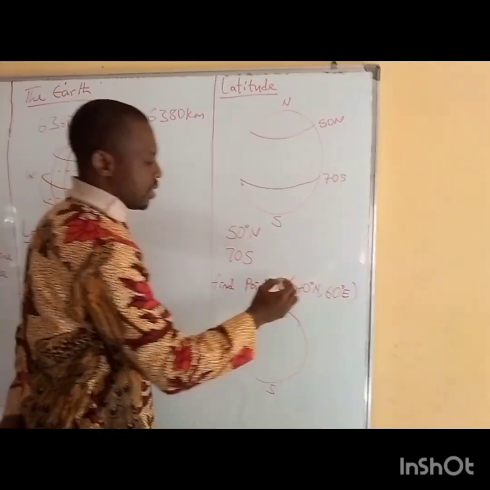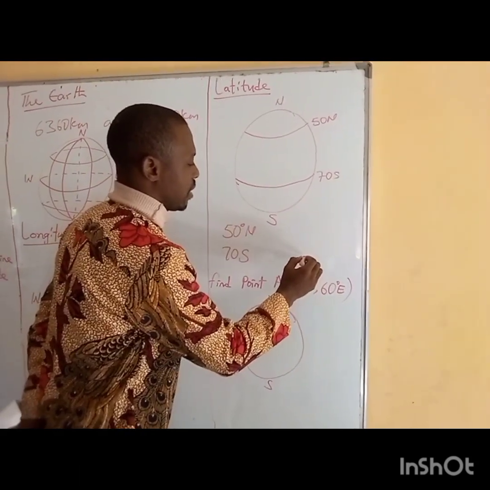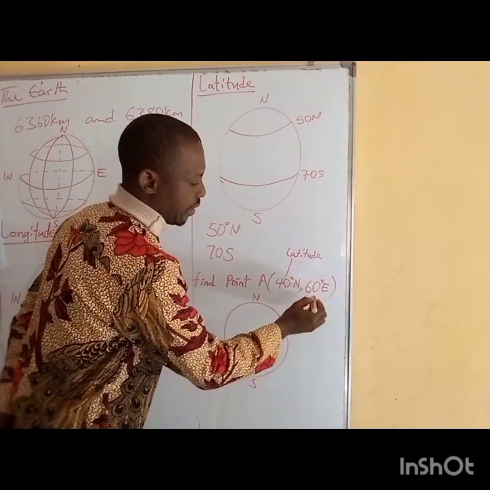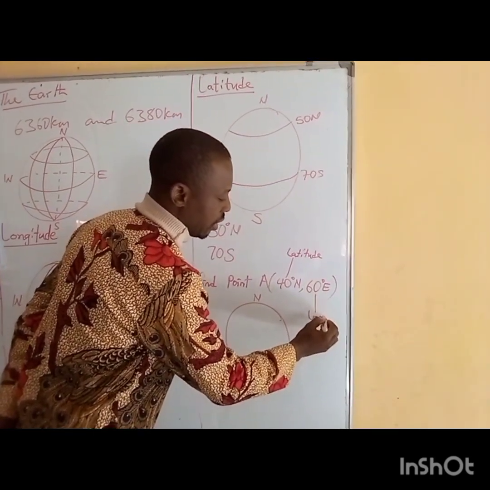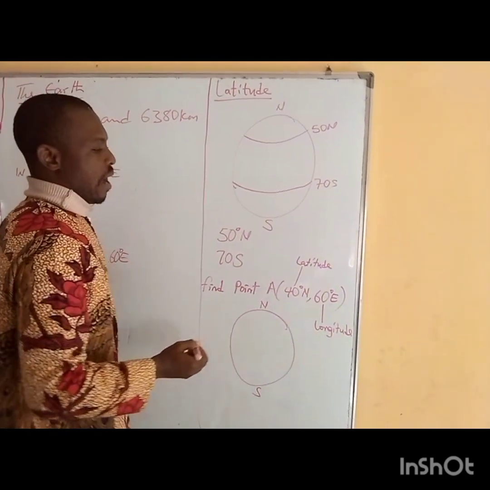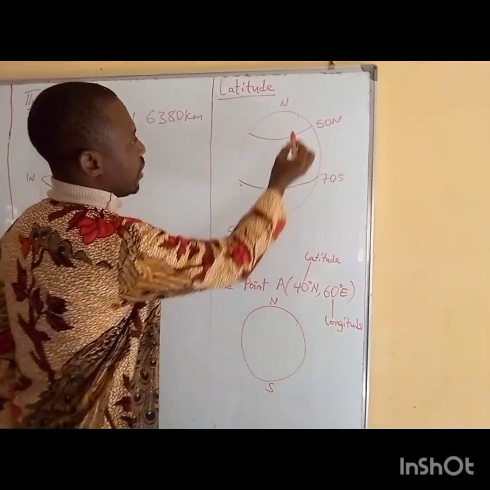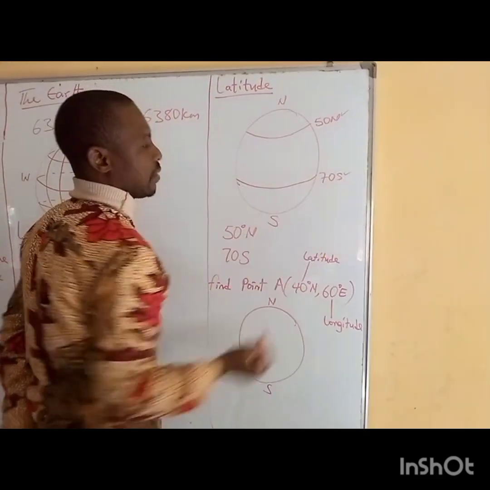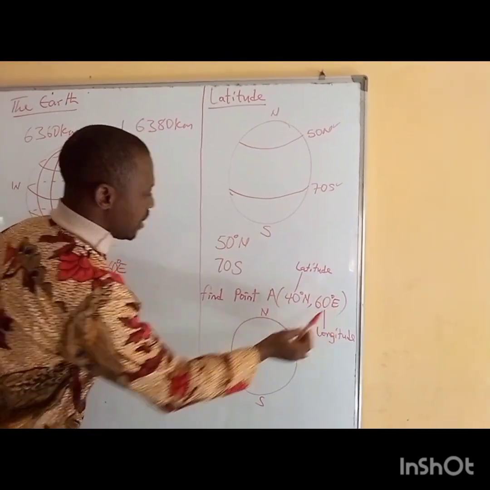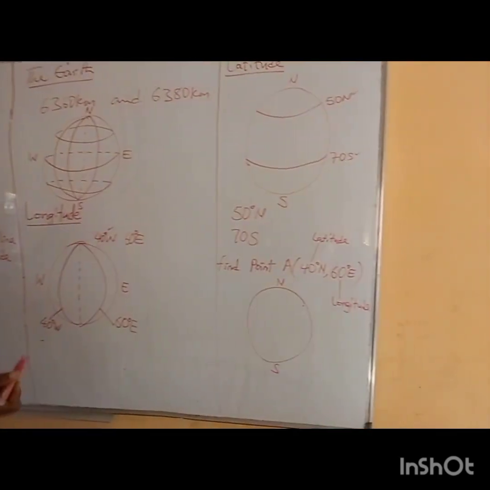This first part of the bracket is always the latitude, and the second one is always the longitude. Remember, I said the latitude is named with north and south, while the longitude is named with east and west. Take note of that.